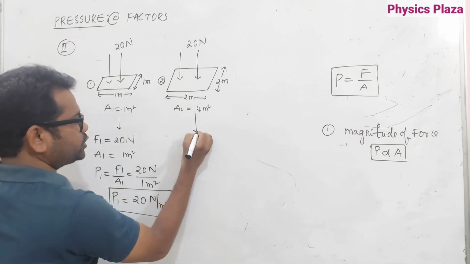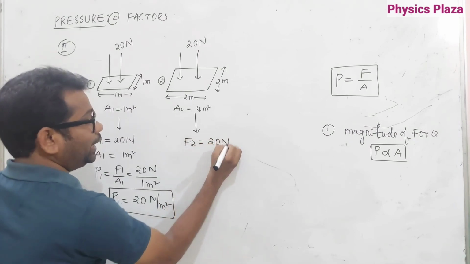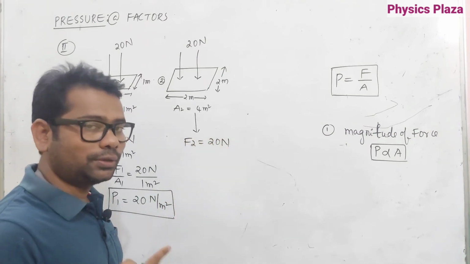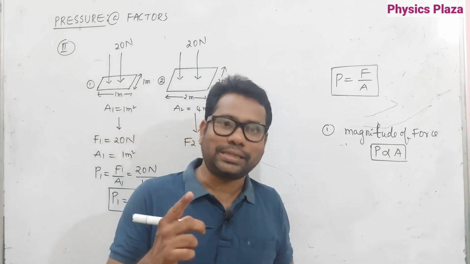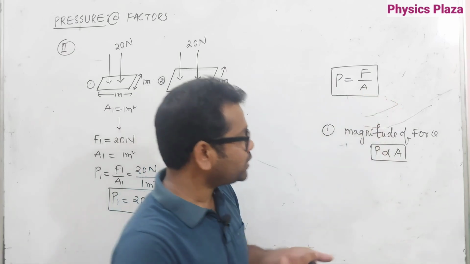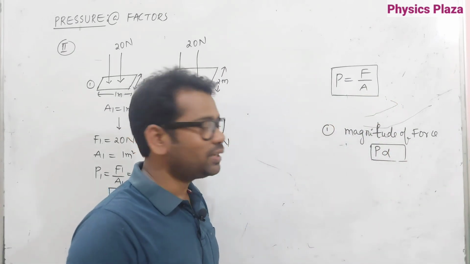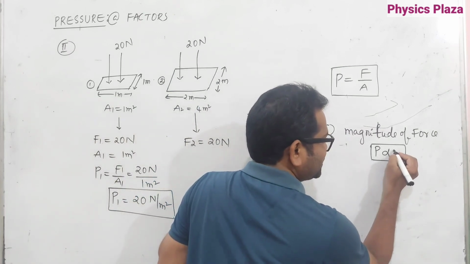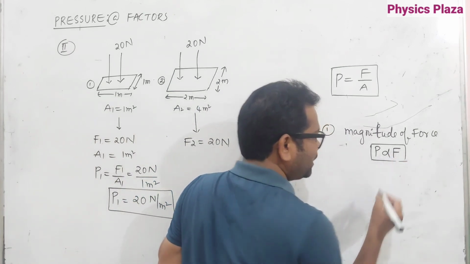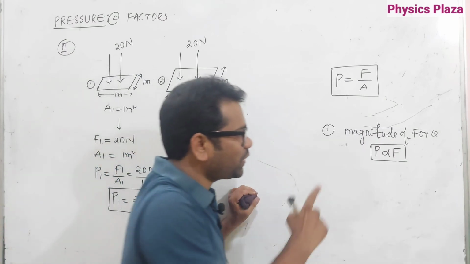In this case children, the same force is acting. By seeing the force, don't come to the conclusion that pressure is the same. Sorry, students who have seen have commented, sir, you are doing wrong here.